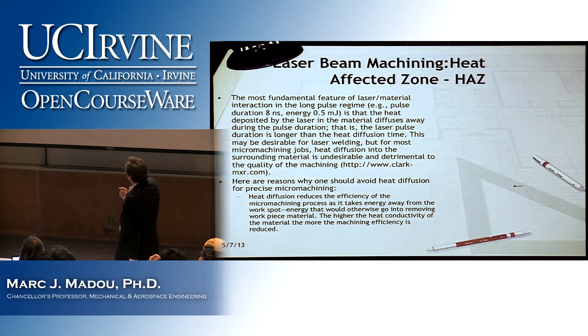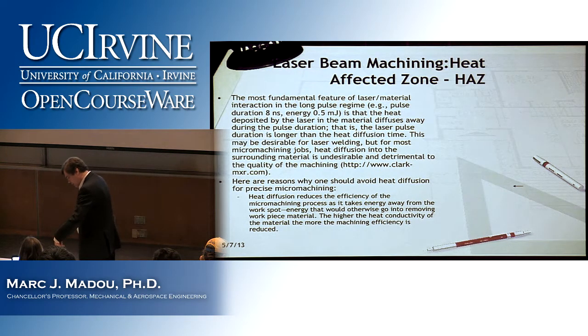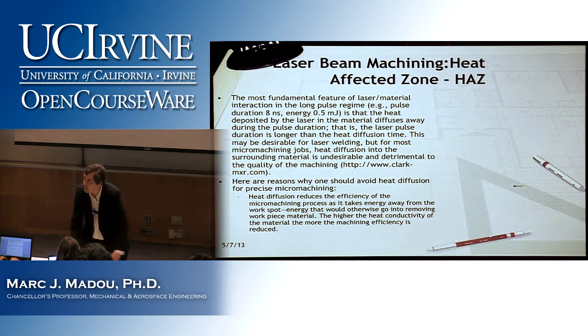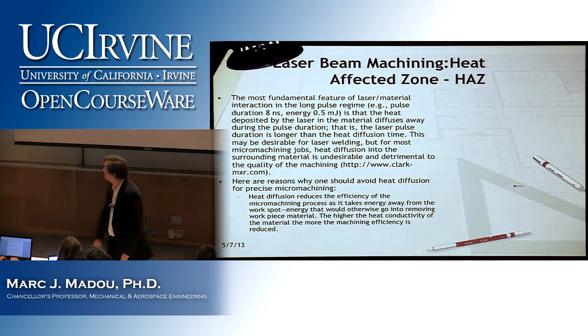The heat deposited by the laser in the material diffuses away during the pulse duration. Let that sink in. So during the pulse, during that 8 nanoseconds, the heat deposited in the material spreads out. And that's not good, right? Because if it spreads out, you basically are not machining and not using that energy locally. It goes sideways, right?